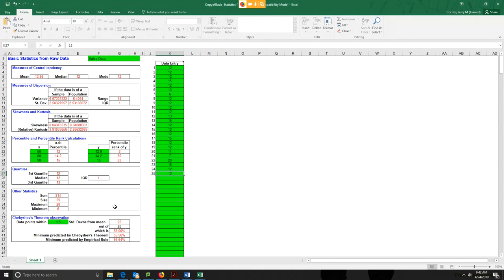So we don't need everything in this chart, but this chart has most of what we need. The only thing this will not tell you is the mid-range, but the mid-range can be easily found. All right? So what you're going to do to use this whenever you have homework problems is delete all of the numbers in data entry and then fill your own numbers in.